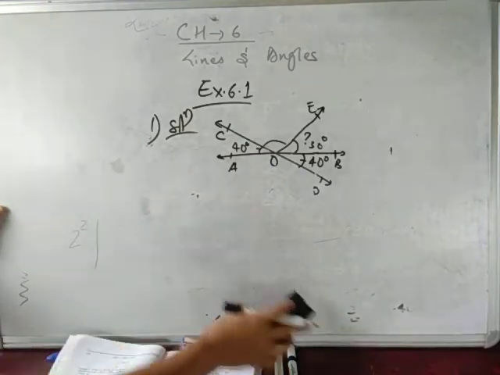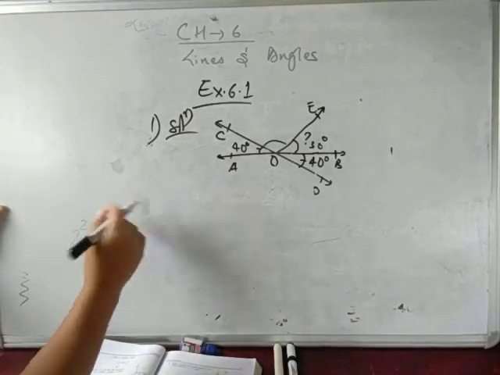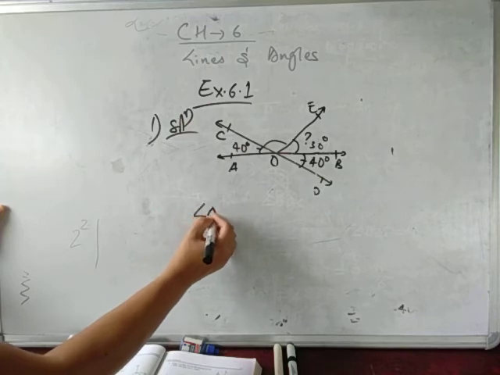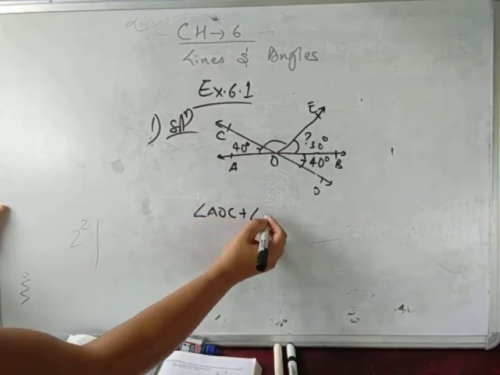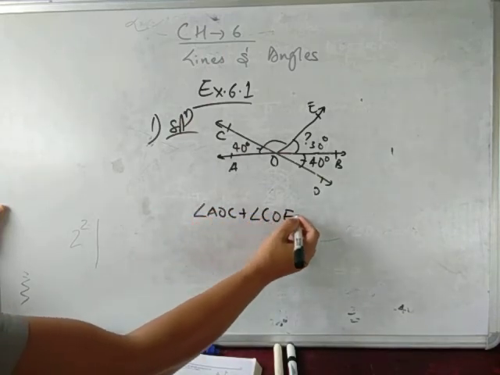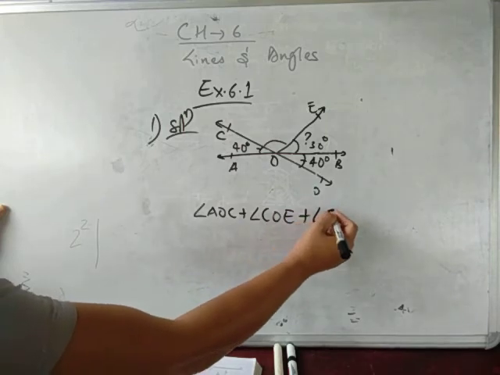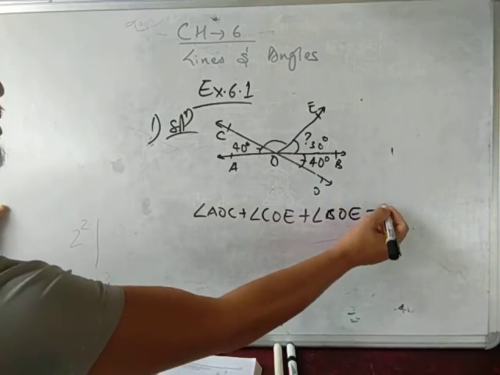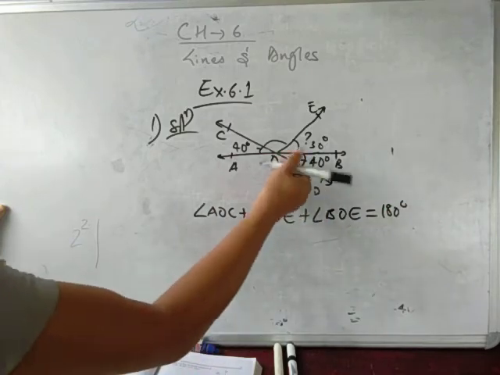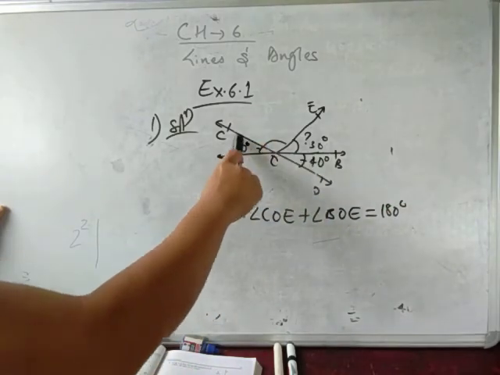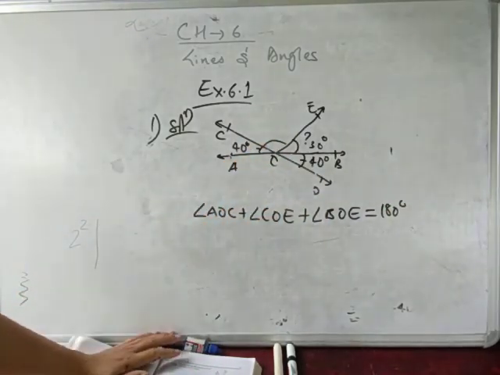So first part done. So next see, angle AOC plus angle COE plus angle BOE, how much? 180 degree. Why? This is a line, so if you add all the angles, you'll get 180 degree.